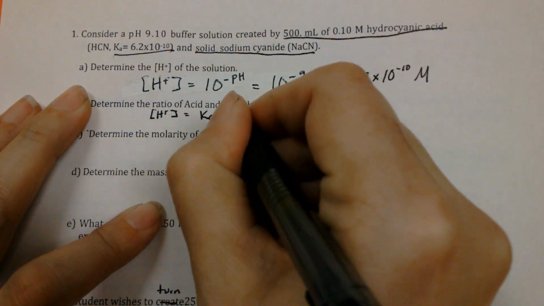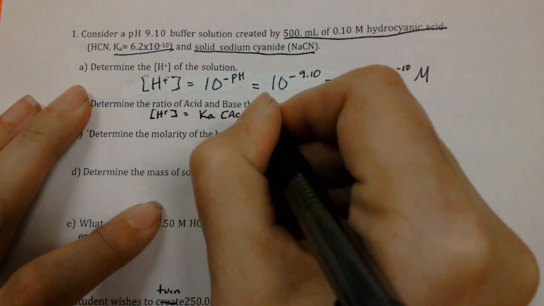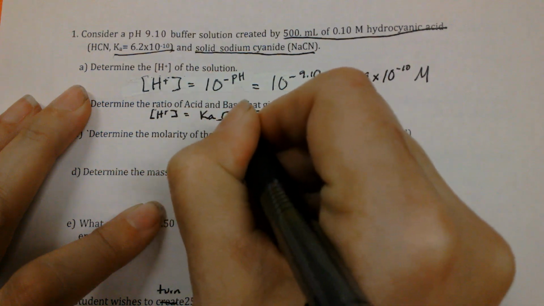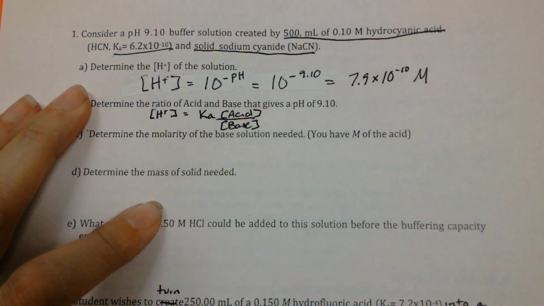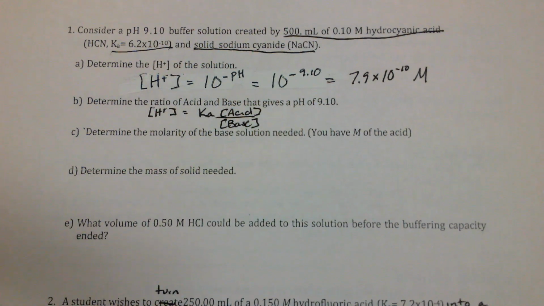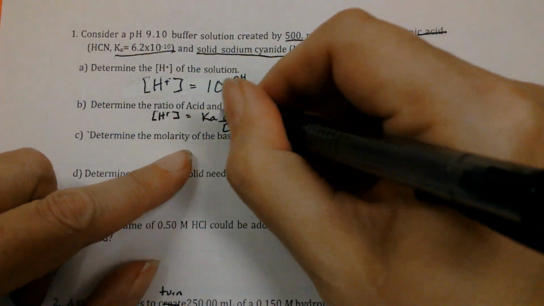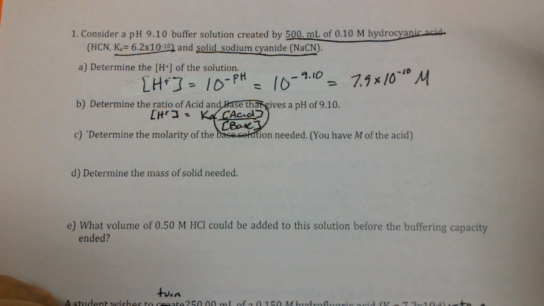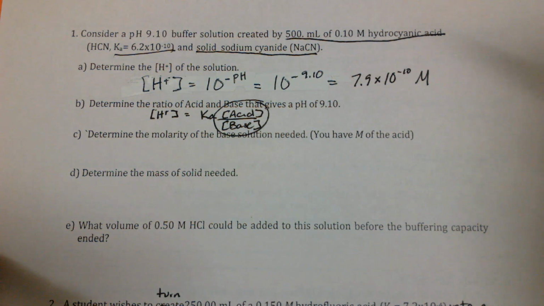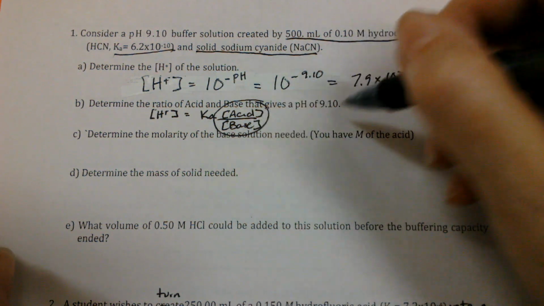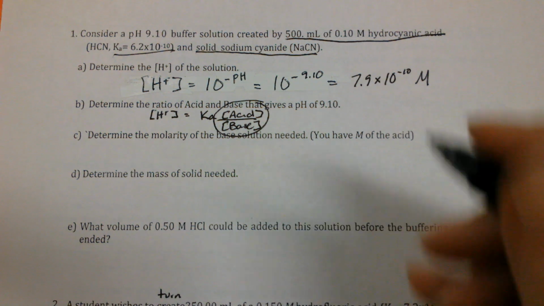H+ is equal to Ka times acid over base. So we can see there is the acid-base ratio. This is what we're trying to solve for. So we need to figure out what this ratio is that gives me the pH of 9.10.